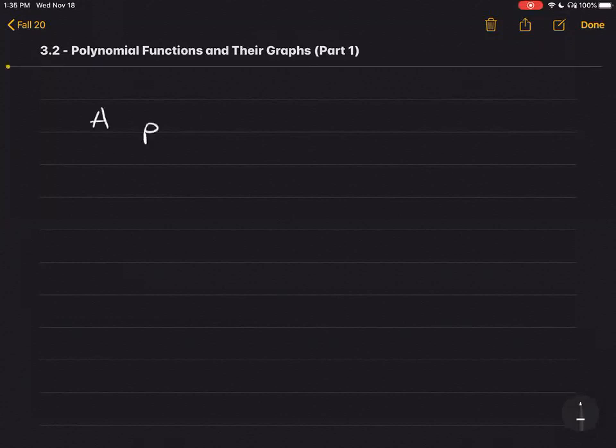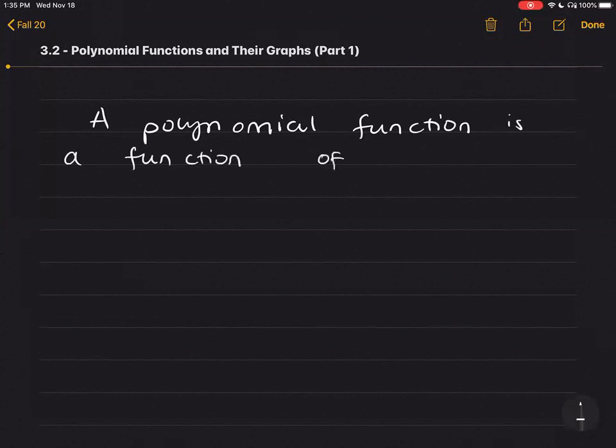A polynomial function is a function of the form.